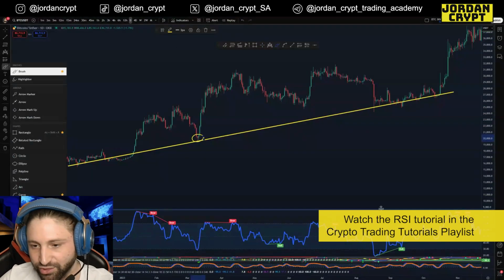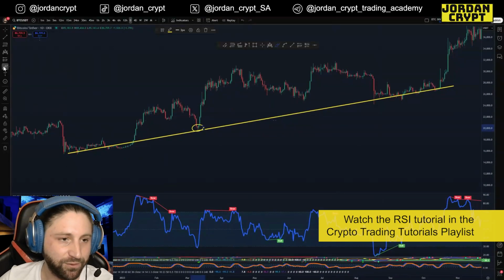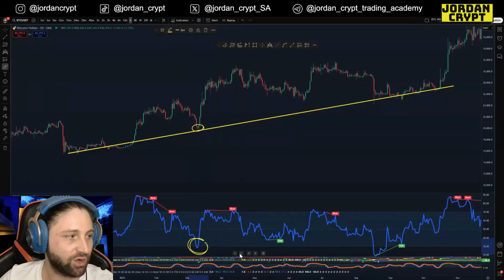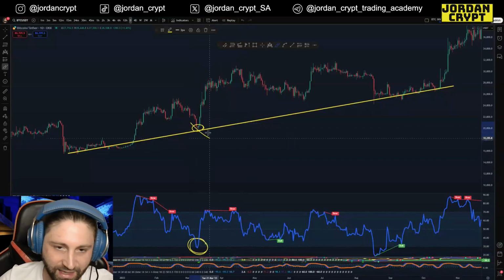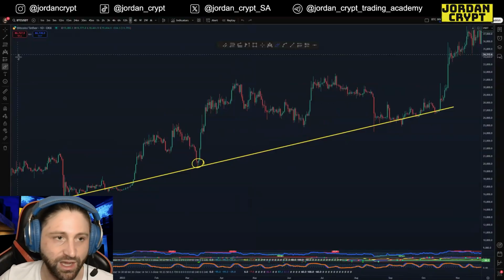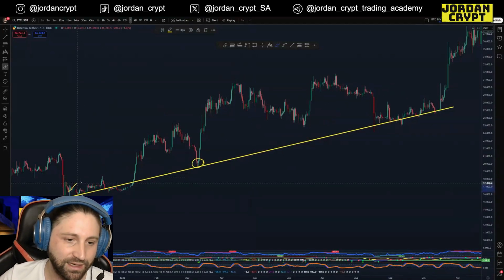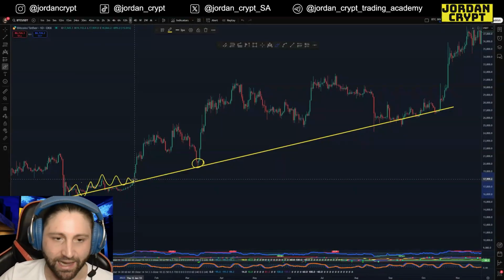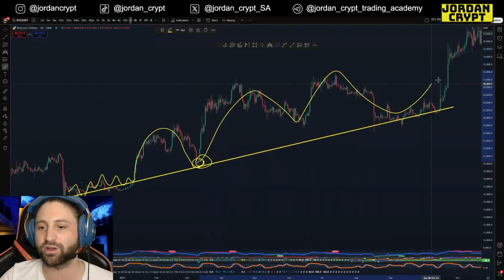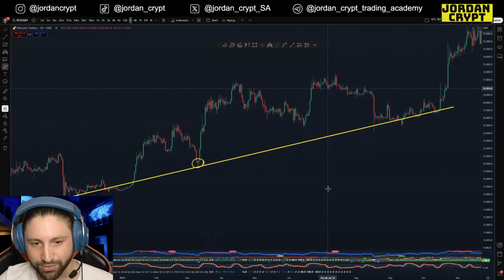Watch my RSI tutorial in my crypto trading tutorials if you need to, but here we can see that it tipped beautifully into the oversold zone and gave us confluence for our entry on this bounce trading strategy, which is of course to find the ascending trend line and then watch for the pump and wait for the bounce, which confirms the continuation of the uptrend.